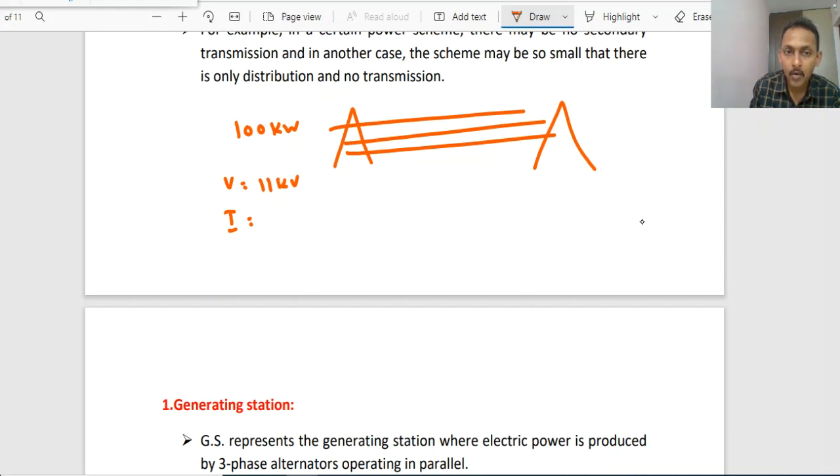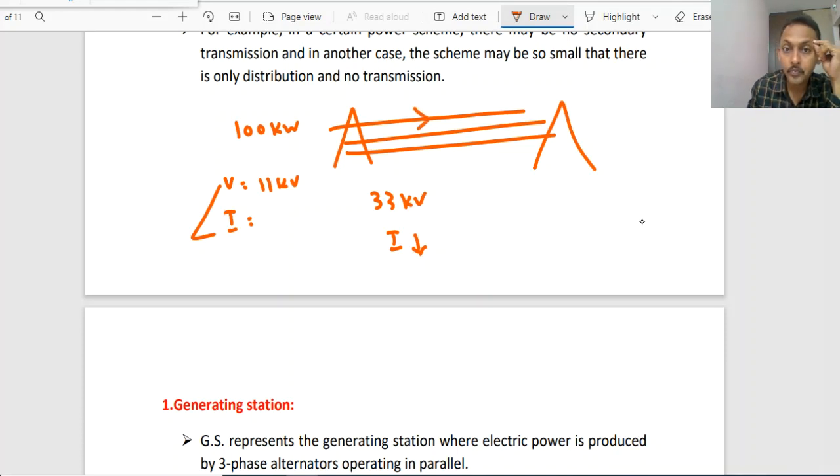If the same power is transmitted at 33 kV, the current will be lower. If the voltage rating is increased, the current rating will decrease, because the power is constant. V and I adjust in such a way that if V is high, I will be low, or if I is high, V will be low.